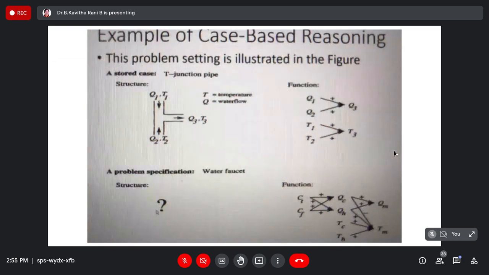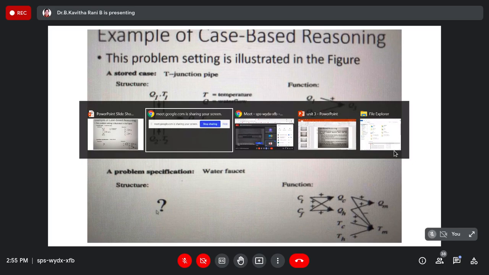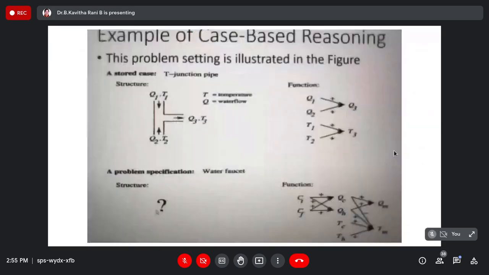You can see here there is one figure on the screen. This problem setting, whatever problem I have told you, is illustrated in the form of a figure. On the left hand side you can see structure, and on the right hand side you can see function.